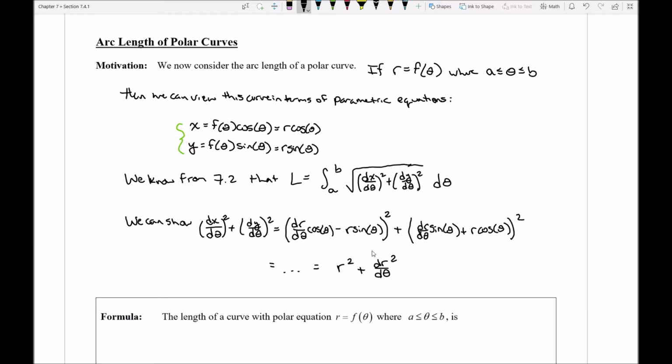What this means is that it's actually possible to represent the length of our polar curve with this parametric representation, but also with this representation that again only uses r's and thetas.